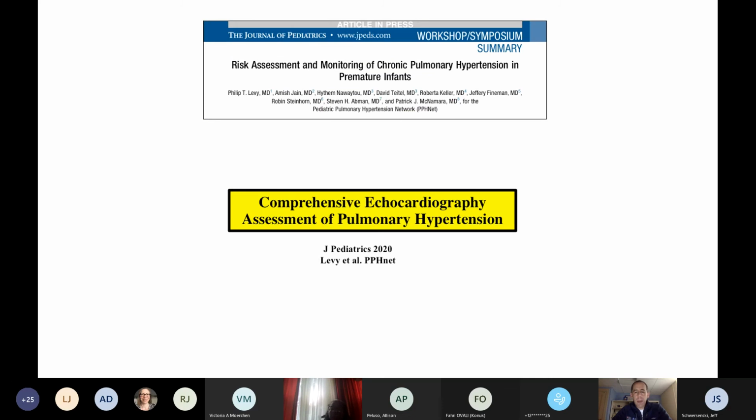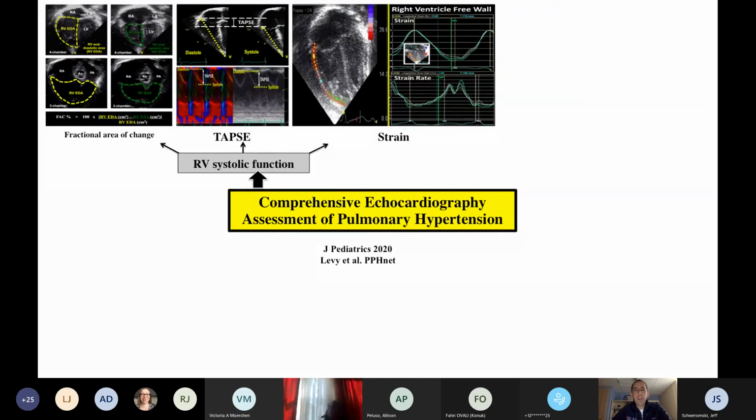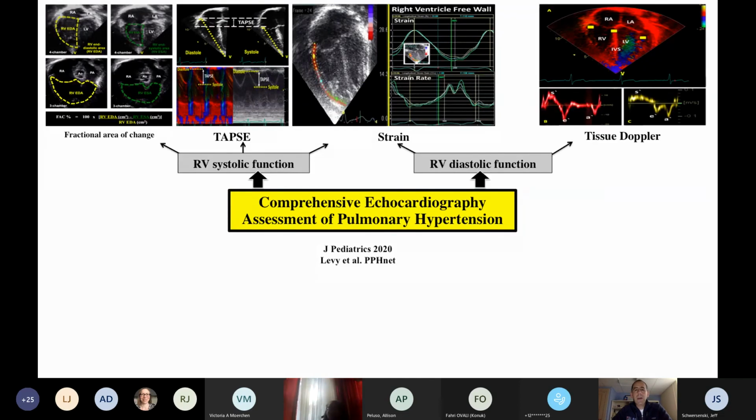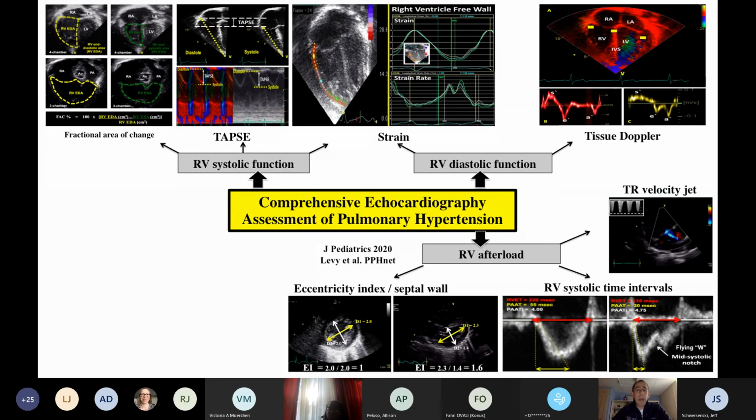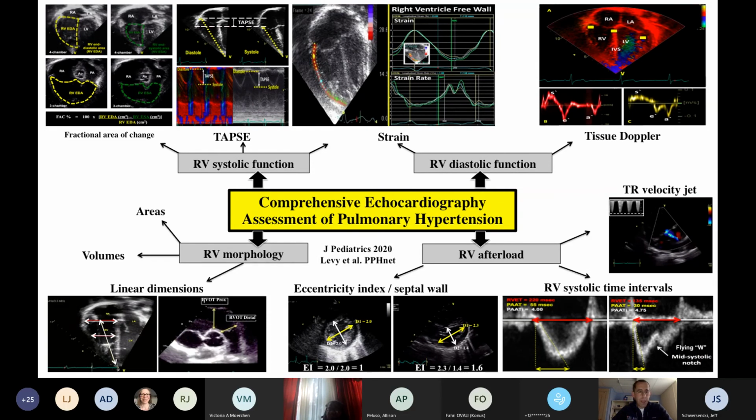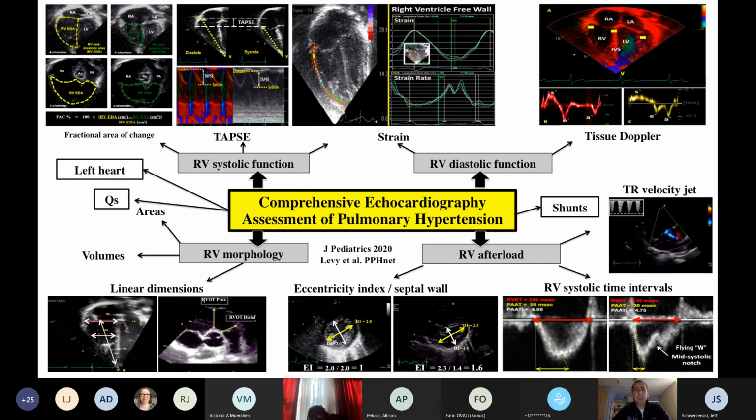We recently published an article focused specifically on pulmonary hypertension, which outlined several of these measures, looking at systolic function, diastolic function, looking at measures of RV afterload beyond the TR jet, beyond septal wall hypertrophy, beyond the septum, looking at linear dimensions, and of course, thinking about shunts, the left heart, and systemic circulation.